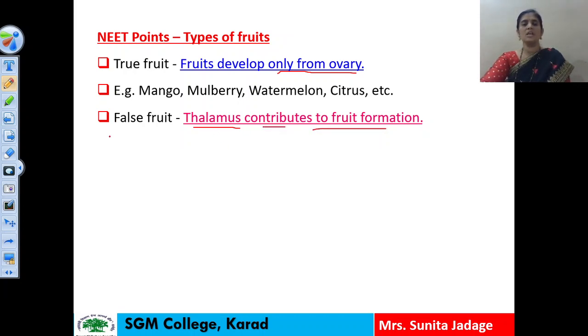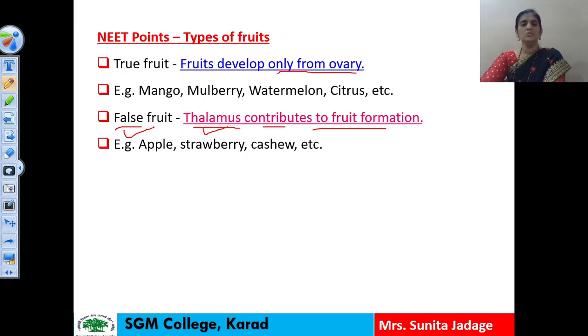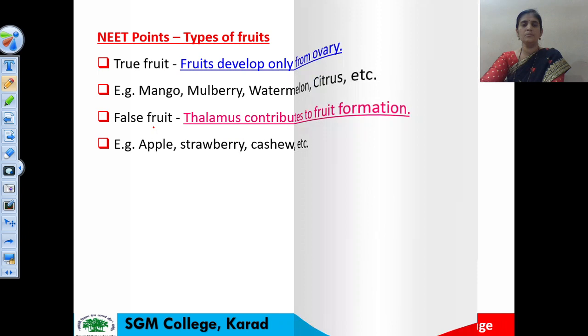Then such fruits are called false fruits. For example here, the apple, strawberry and cashew, these are the different fruits in which the thalamus contributes to the fruit formation, and hence such fruits are called false fruits. Okay, so these are the different points related to the NCERT book.